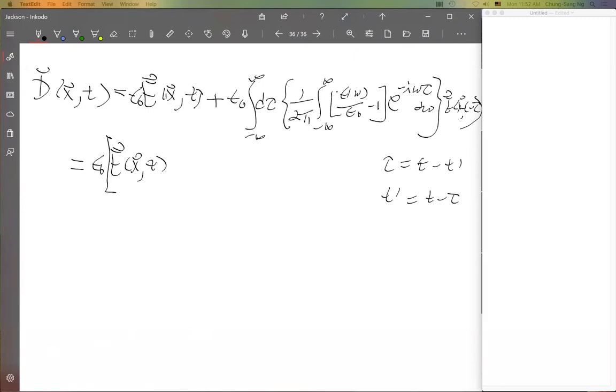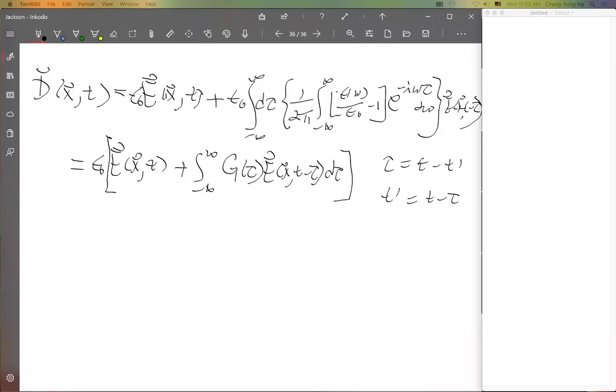So you can group those two together and write it as d tau and write this bracket as our function g(tau), and then the rest is E(x, t minus tau) and d tau.